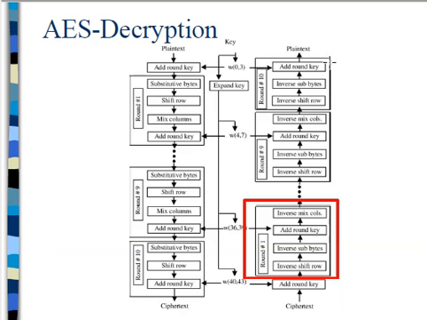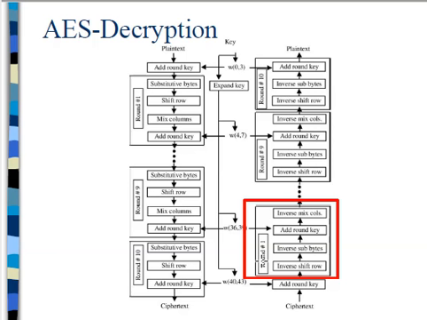As you can see here, for decryption, first of all we implement add round key like the first one when our plain text was encrypted. Here, first of all, our ciphertext will be XOR with the round key, which is the last one.